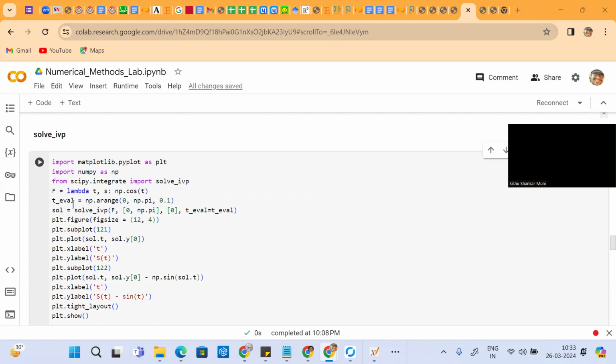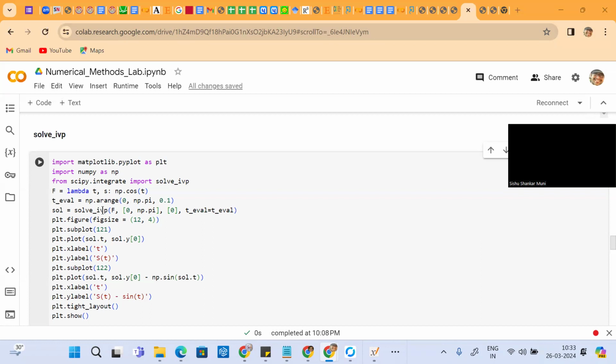Then t_eval, the time span: 0 to pi, in steps of 0.1. So solve_ivp, here you're using that function.